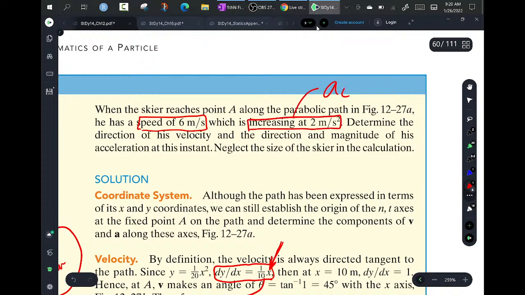So that's the tangential acceleration. So what you do is you use this to find the normal acceleration, but you also have to use the rho. And so you grab the v here, and then you grab the rho here. They all look the same.